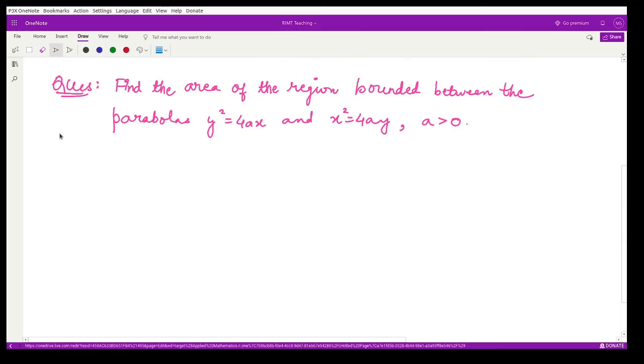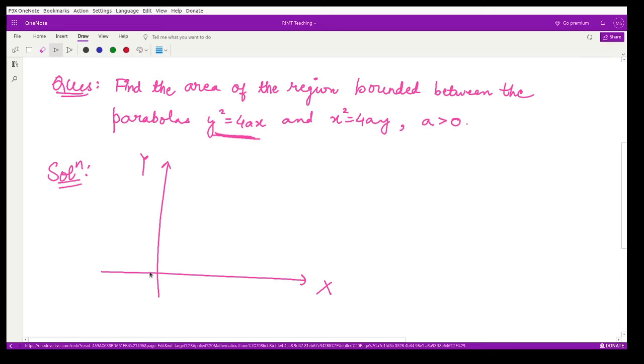So the first step here is to visualize the given area. For that, let us first draw the coordinate axes. This is your x-axis, this is the y-axis. So firstly, we draw the parabola y square is equal to 4ax.